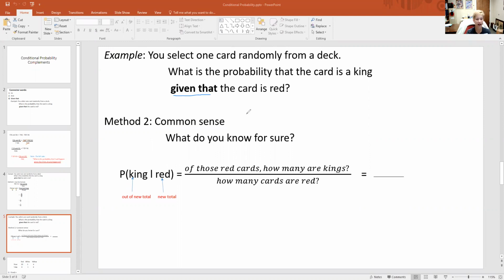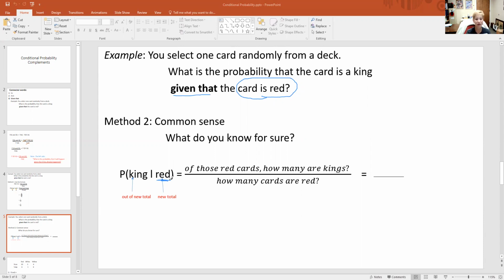Now, do you understand? Are you guaranteed that it's a king or that it's red? Given that the card is red, I'm guaranteed the card is red. Now, if I know for sure that the card is red, there are not 52 possibilities anymore.